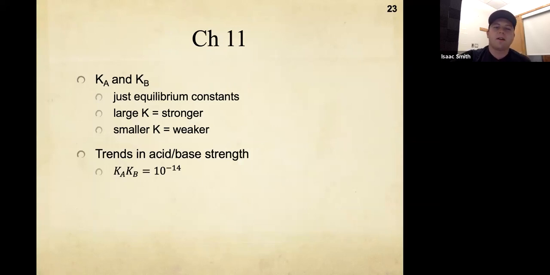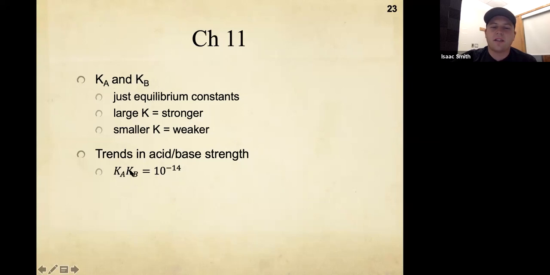Then we talked about Ka and Kb, which is just an equilibrium constant expression, but for acids and bases, and how if Ka is big, then it's a stronger acid. If Ka is low, then it's a weaker acid. If Kb is big, it's a stronger base. If it's low, it's a weaker base. And then you can actually relate these two using this equation.